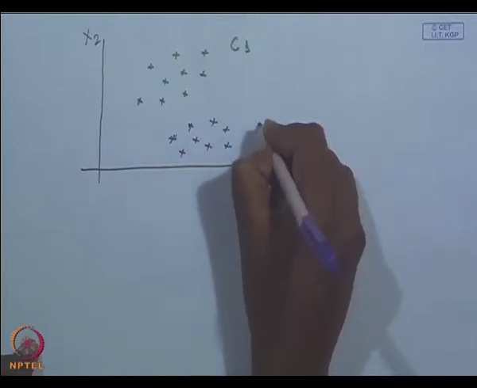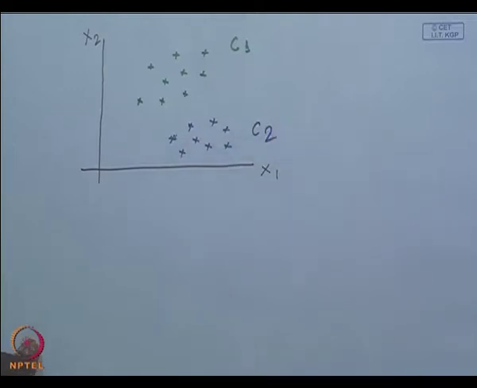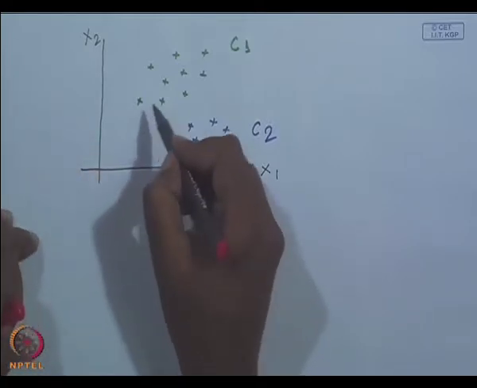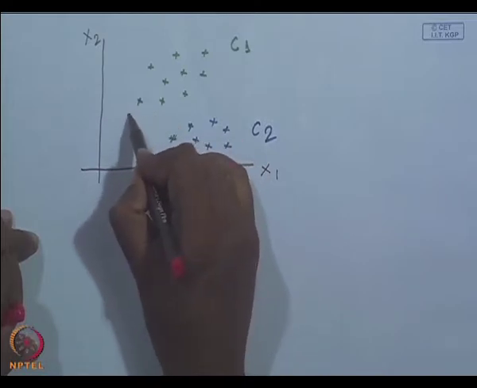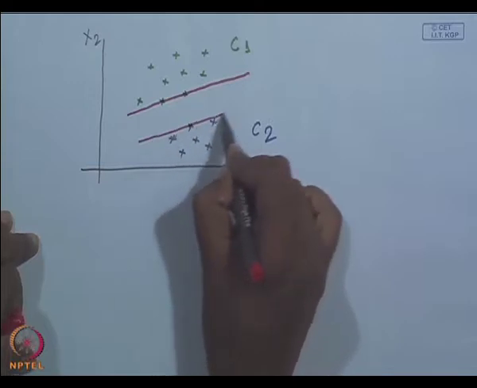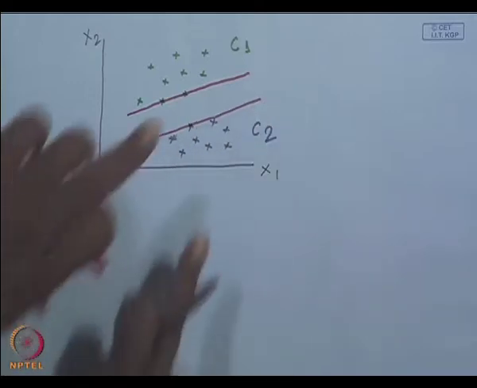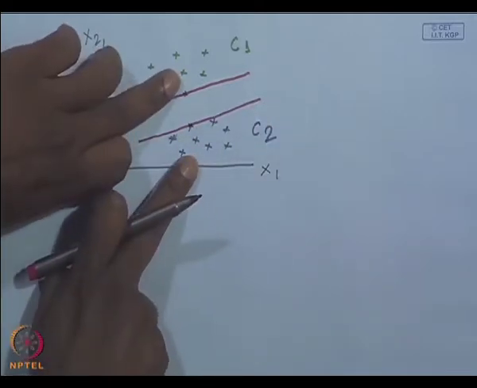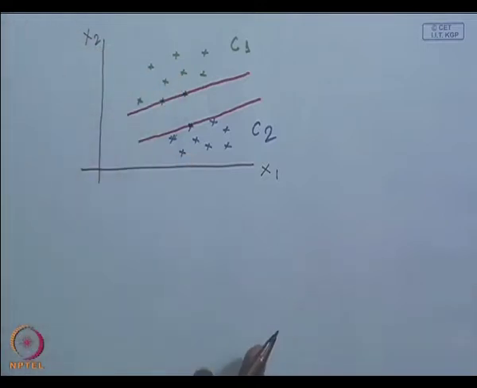Now, I can easily find that if I draw a straight line over here, and another straight line over here, these are the training vectors which are just on the boundary of the classes.